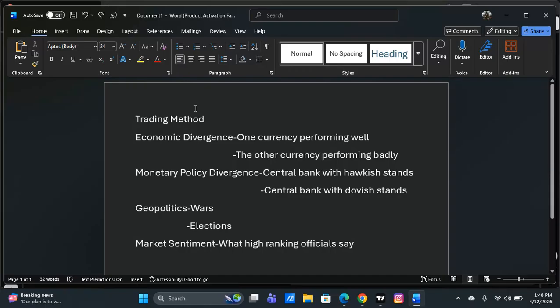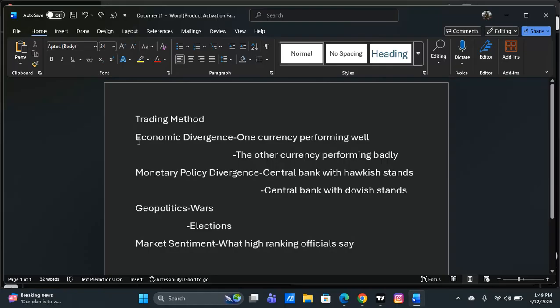But I don't use price action at all. I just bake in what I have on the macroeconomic side with price action. So I cannot look at price action without the background of the economic reports. So that's how I trade. So this is the trading method.